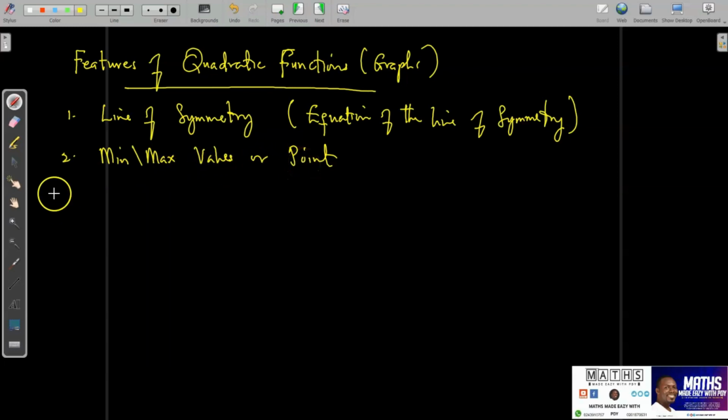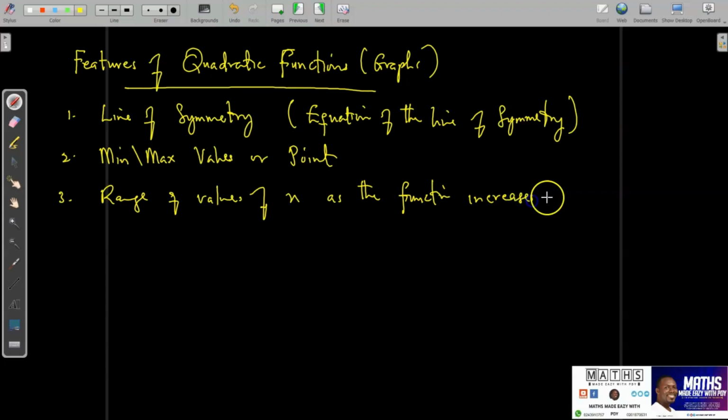Then other features include what we call the range of values of x as the function increases or decreases.